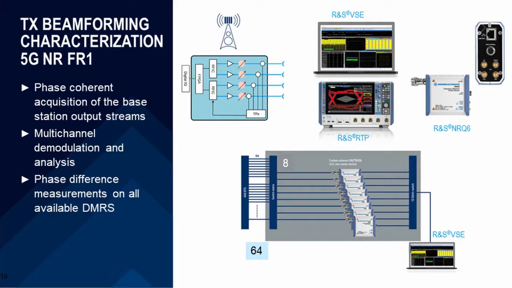Here we have one NRQ as master for reference, and then the remaining as slaves for measurement. This setup can be extended to measure up to 64 streams. The VSE software also does phase difference measurements on all available demodulation reference signals.